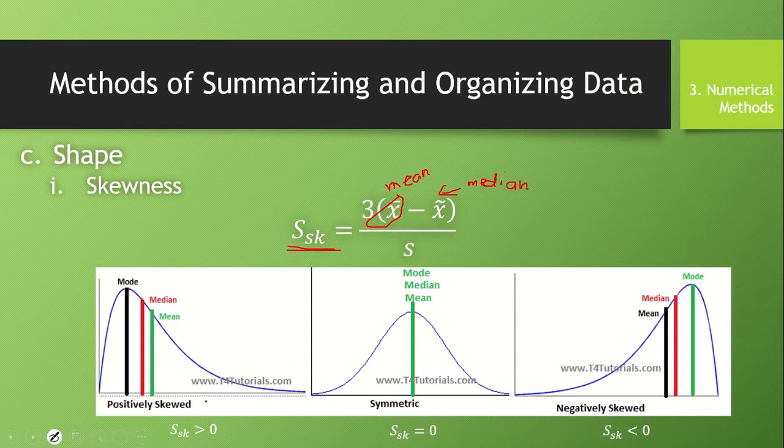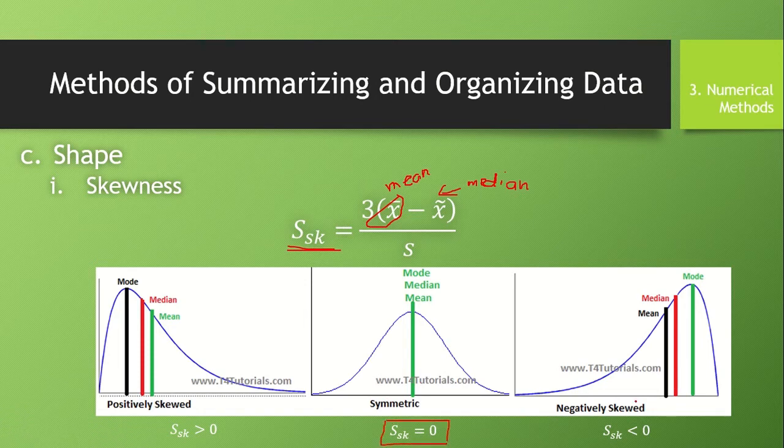Now, if your data is more clustered on the left side, then that's called positively skewed. If it's an ideal one, meaning symmetric, if you divide this by 2, then they have almost the same shapes. They're symmetric, so the skewness is equal to 0.